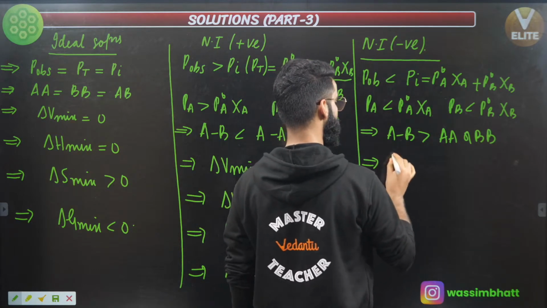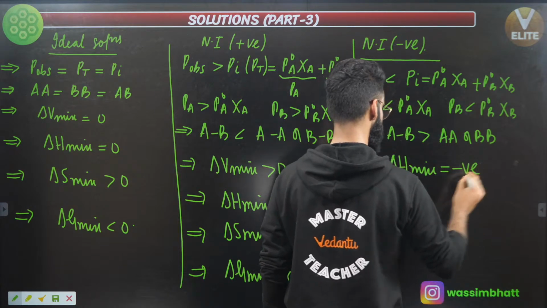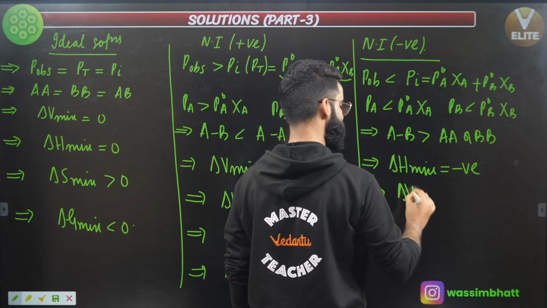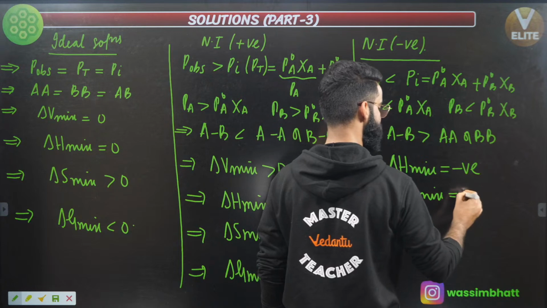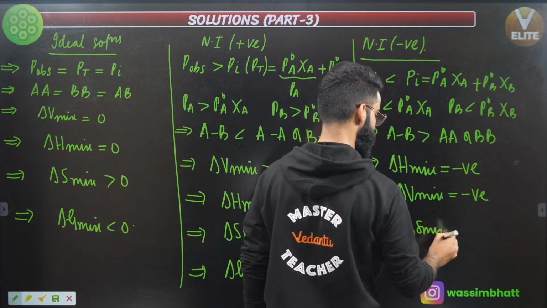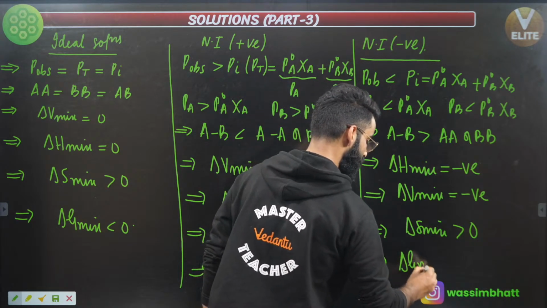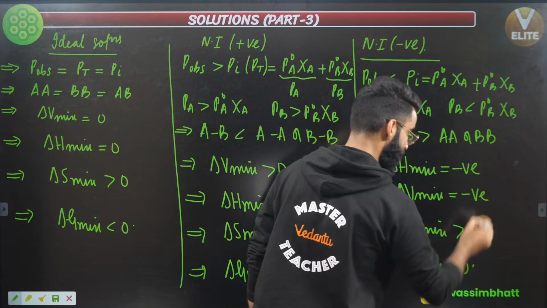And at the same time, your delta H mixing is negative. Similarly, delta V mixing is negative. Similarly, delta S mixing is positive. And at the end, delta G mixing is negative.